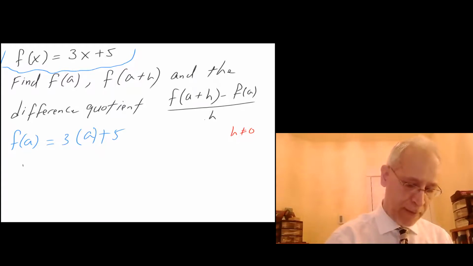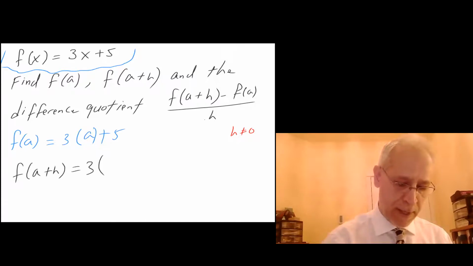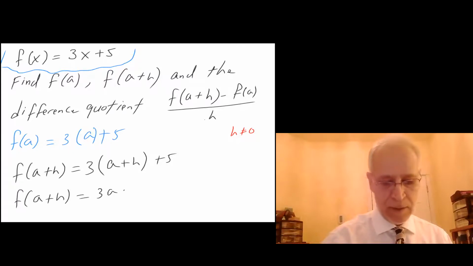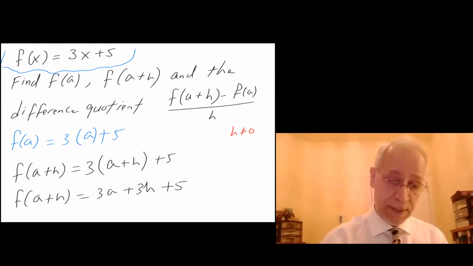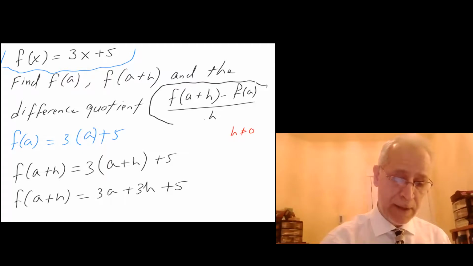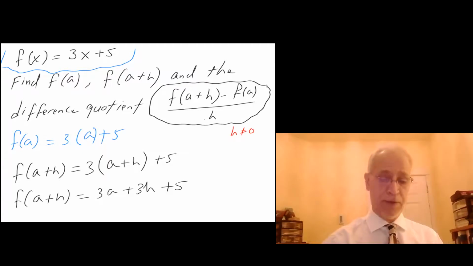F of a plus h equals 3 times a plus h, and here's a plus 5. So f of a plus h equals 3a plus 3h plus 5. Okay, now I'm going to go ahead and go to the next page and find the difference quotient.